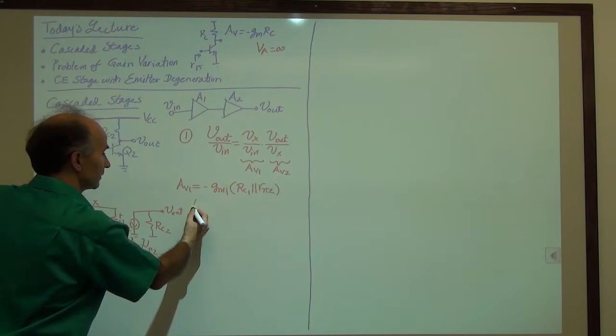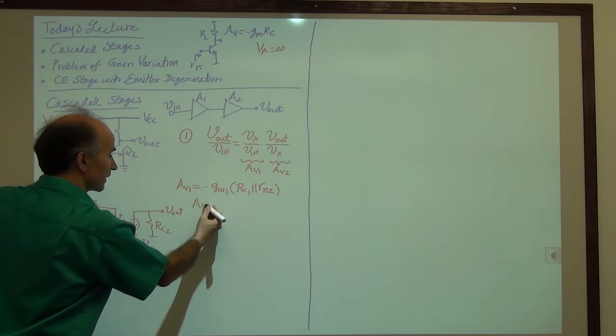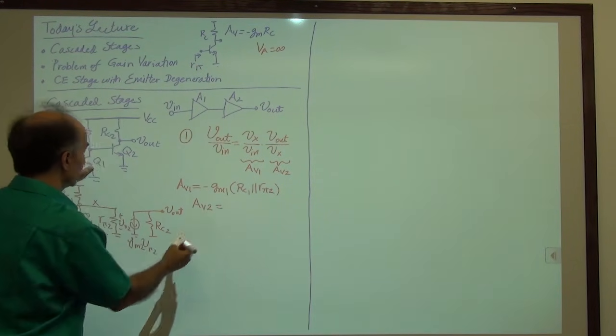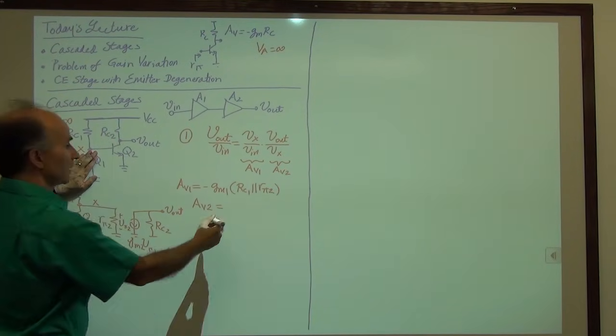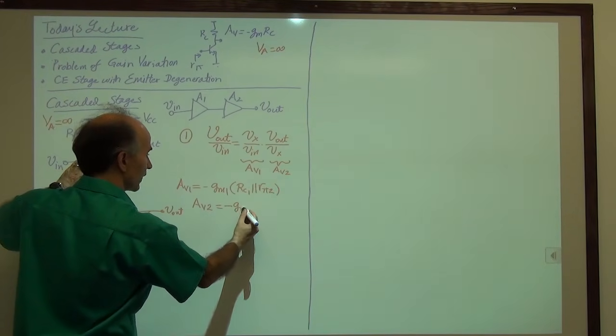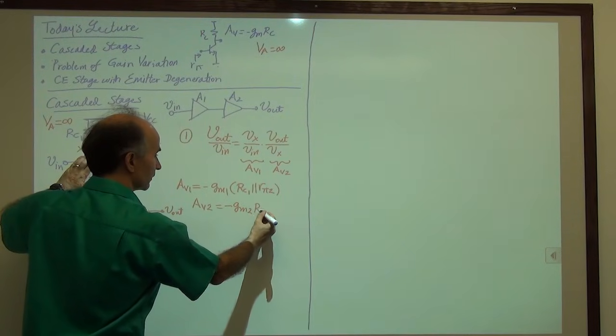So AV2 is simply equal to, from here to here, just the gain of a common emitter stage. So that would be minus GM2 times RC2.